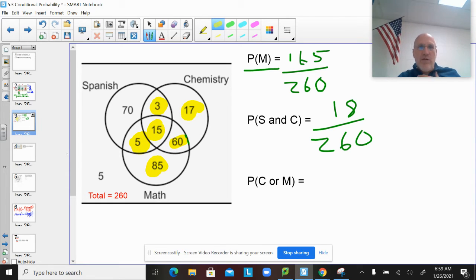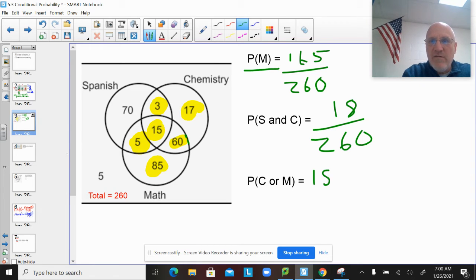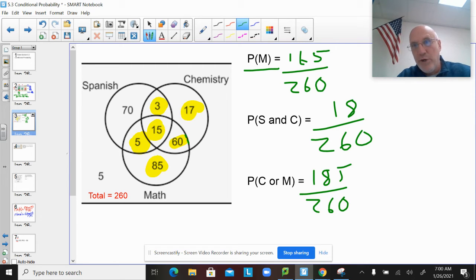I would argue that all of those things that I just highlighted in yellow, all those people are chemistry majors or they're math majors. They might be both, but that still qualifies. So if I just add up those yellow numbers, 20, 80, 100, 185. I get 185 out of 260. That is absolutely how I probably would do that one.